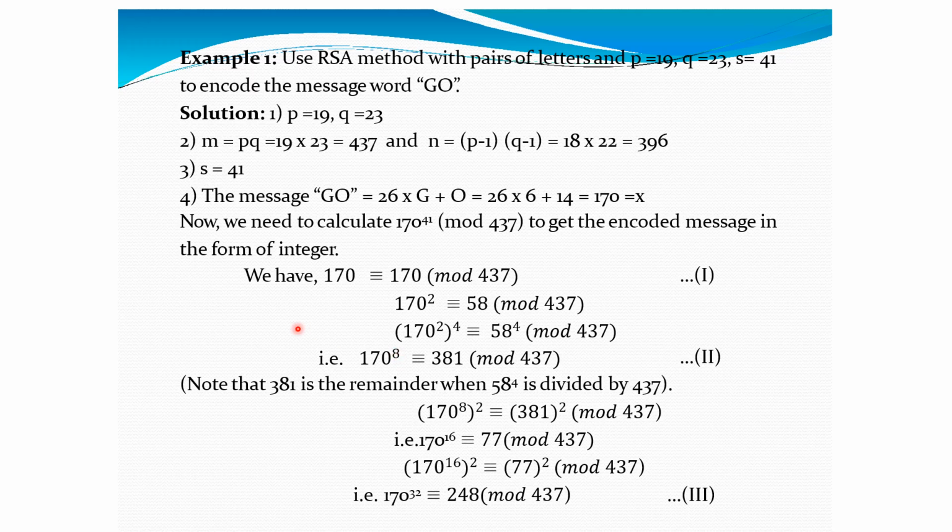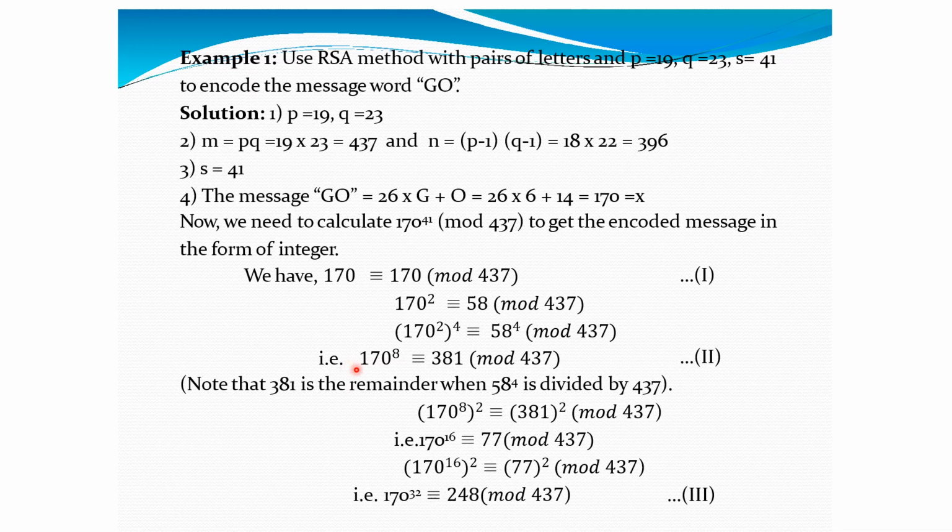That means you can consider the kth power on both sides. So here we have taken the fourth power, and here also the fourth power. That is, 170 raised to 8 is congruent to 381 modulo 437. Now see how it comes. As 58 raised to 4, when we divide it by 437, we get 381 as the remainder.